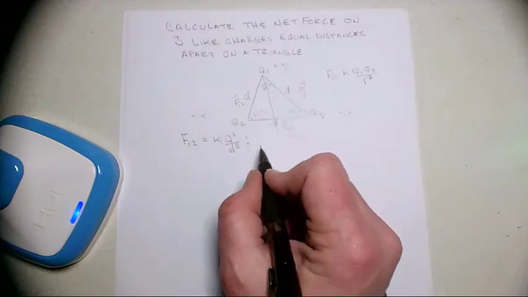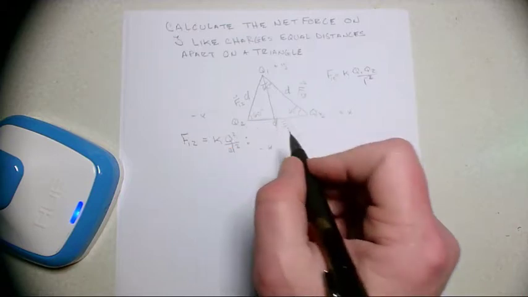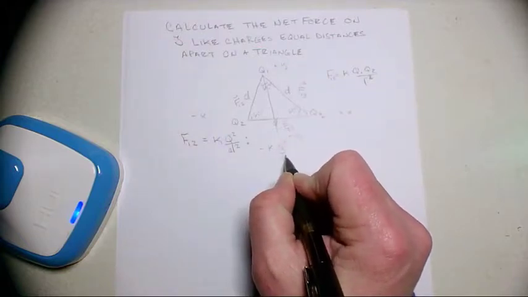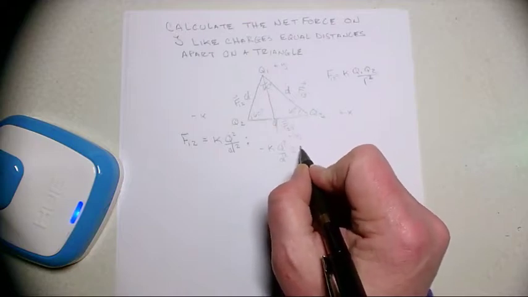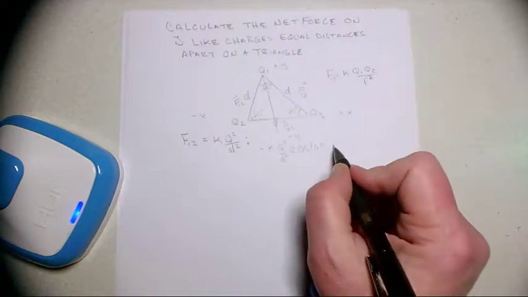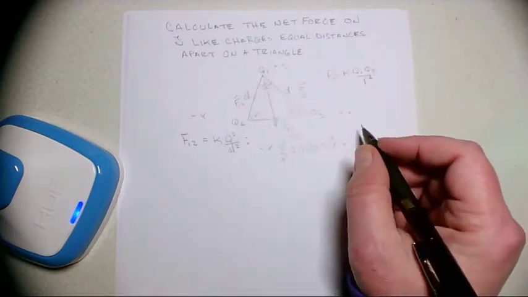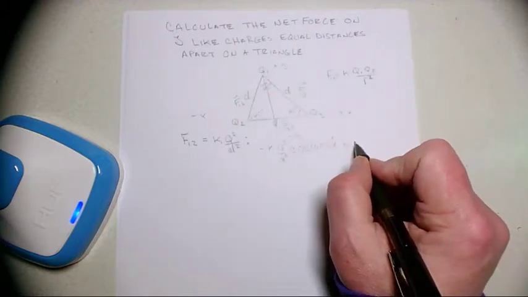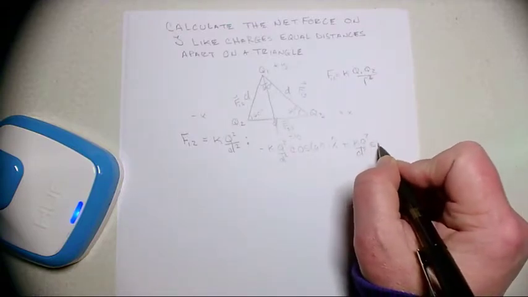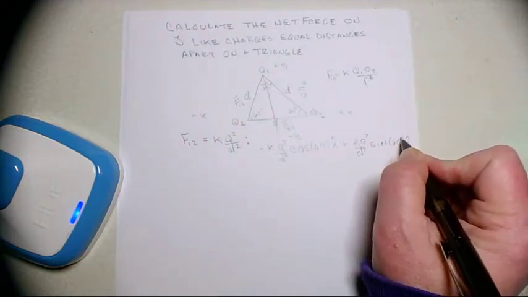So in components, it would be negative k q squared over d squared, that's our hypotenuse, times cosine of 60, and that's our x hat, plus, because this is going to be positive, k q squared over d squared times sine of 60 degrees. And that's our y hat component.